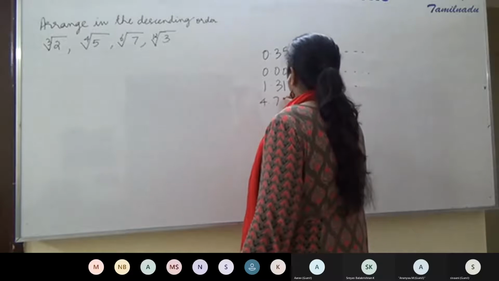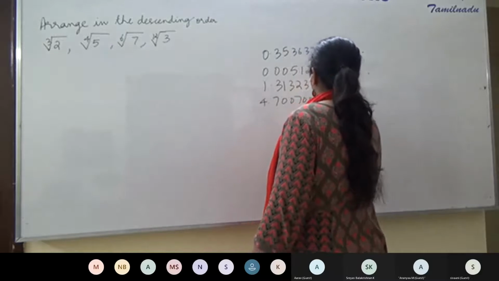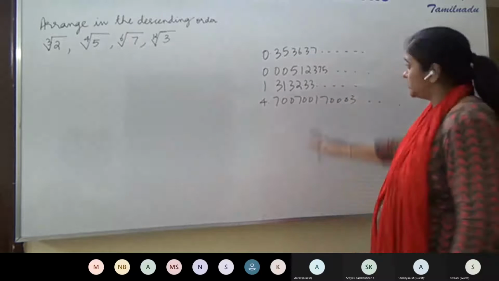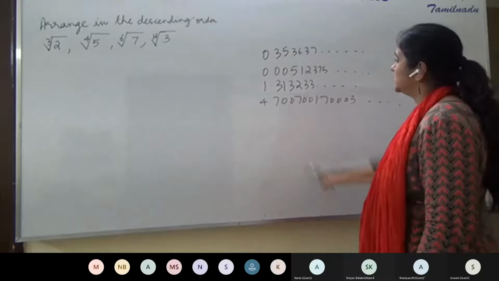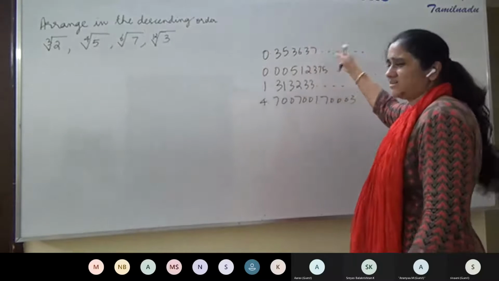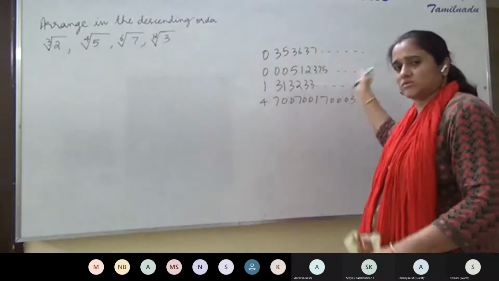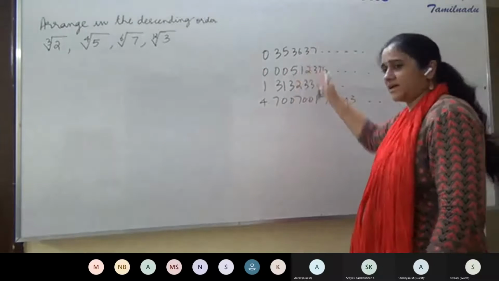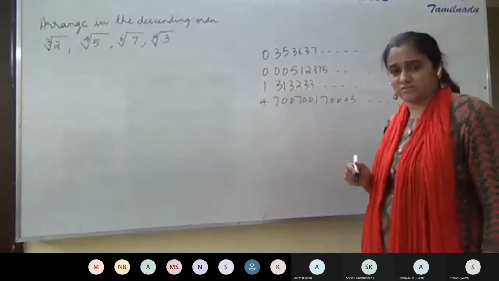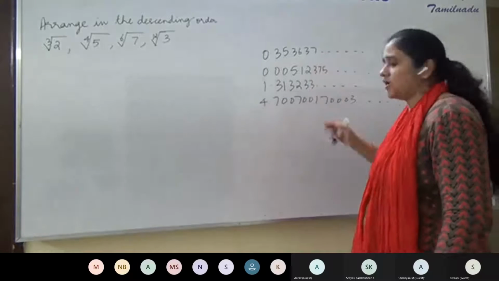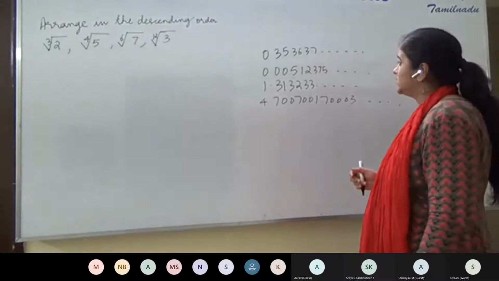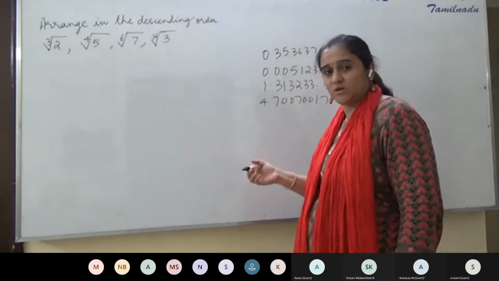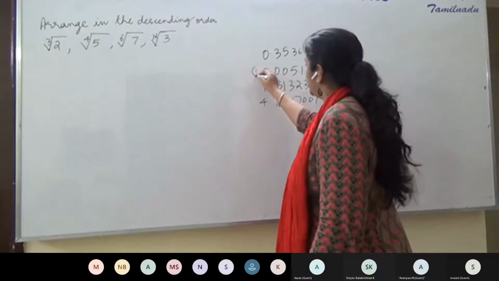Then I say 4.7007001. Now these are all irrational numbers. 0.35, 36, 37, 38, 39, 40, 41 goes on like that. Irrational, irrational, irrational, because I have taken four non-terminating, non-repeating decimals. So this is the smallest. To arrange them in ascending order, small to big, this is the smallest.